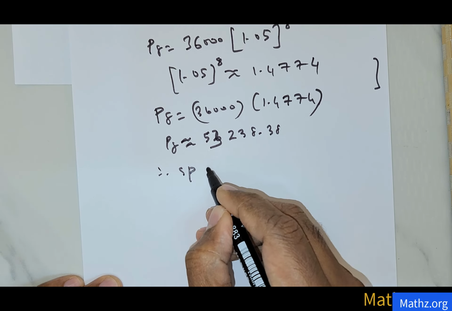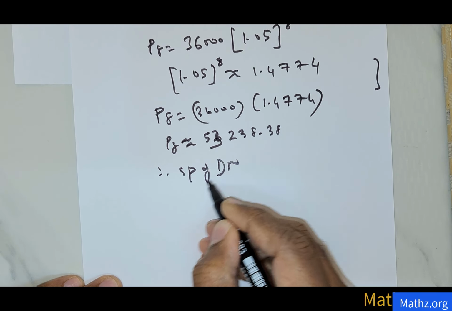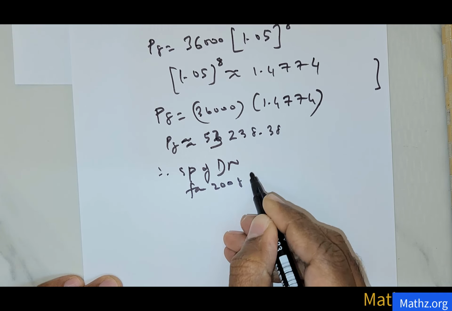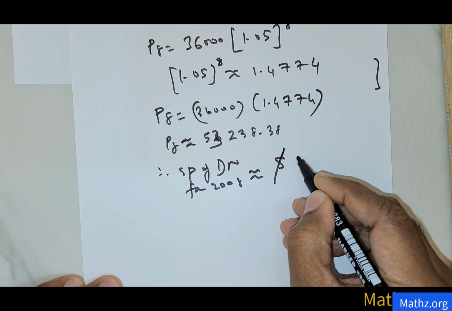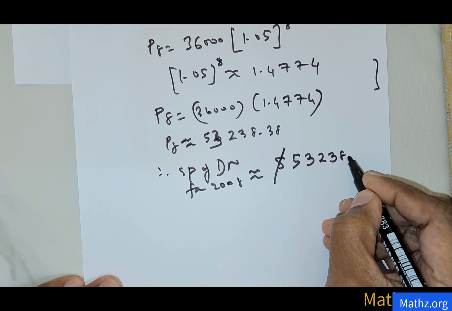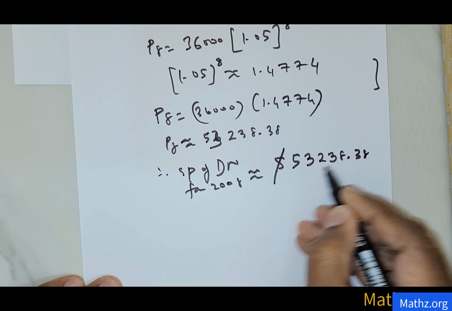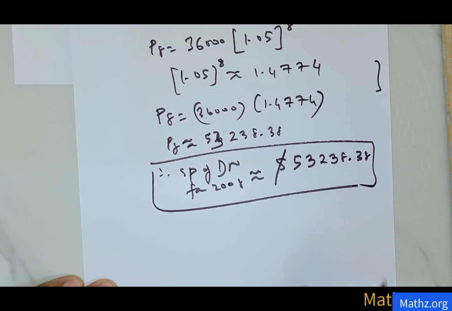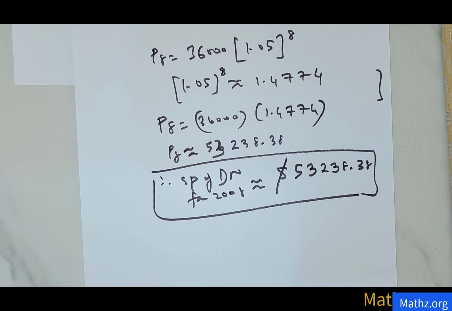So therefore the selling price of the diamond necklace for 2008 is approximately $53,238 and 38 cents. So that's the solution for this question.